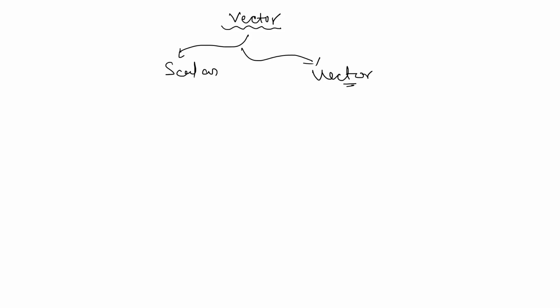We can plot a spectrum of physical quantities, so you can understand which types of physical quantity lie in scalar and which in vector.